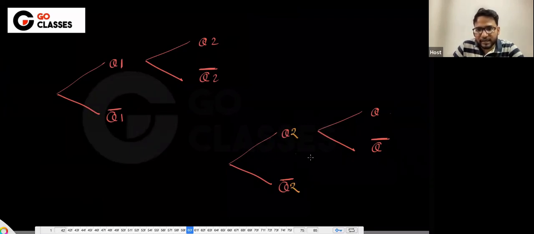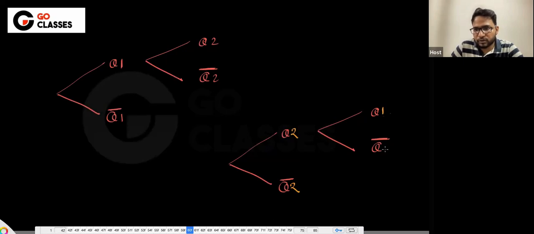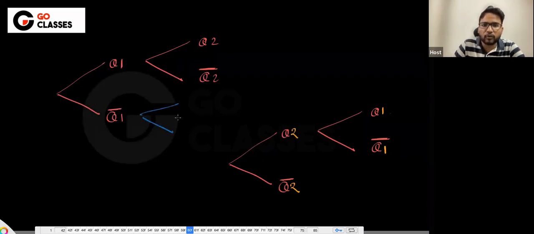He may answer it correctly, may not answer it, and then he will go for question 1. So there are two possibilities. Now, they are saying that if the first question, question 1 or question 2, whatever it is, gets answered incorrectly, he cannot attempt the second question. That's the problem that they are saying. I hope you are getting the question.